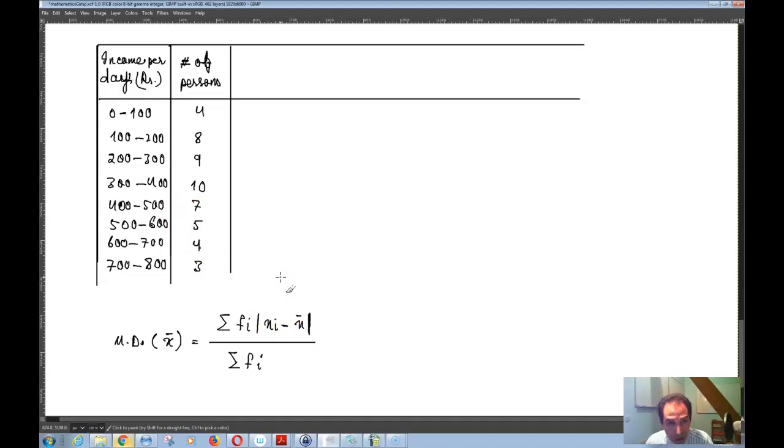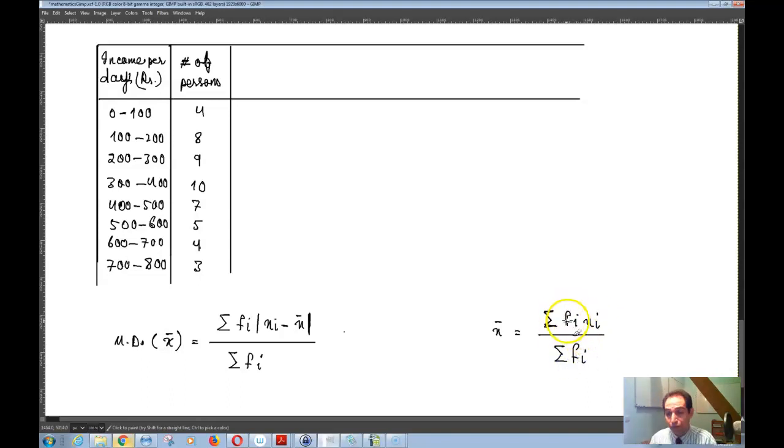So the mean of the data using the direct method is x bar equal to sigma f of i x of i over sigma f of i.